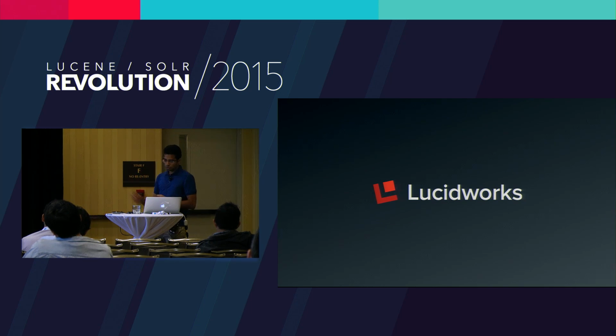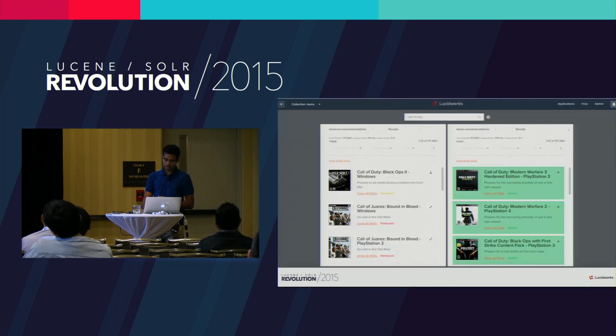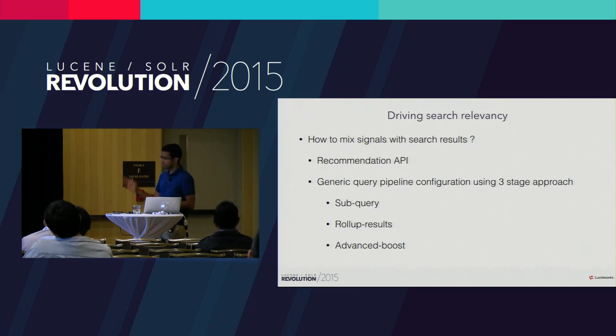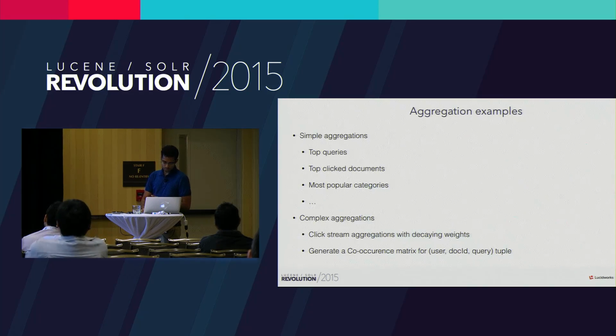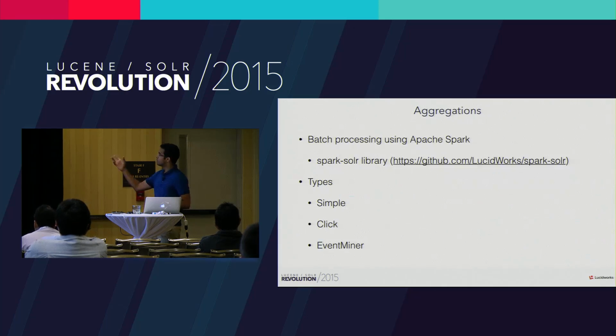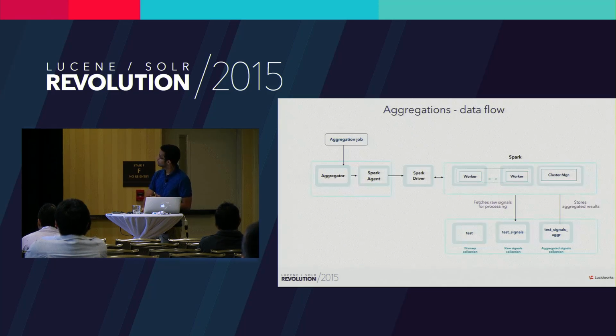Also, since we have integrated with Spark in our last version, we want to provide in future so that people can execute their own algorithms on the raw signals data.